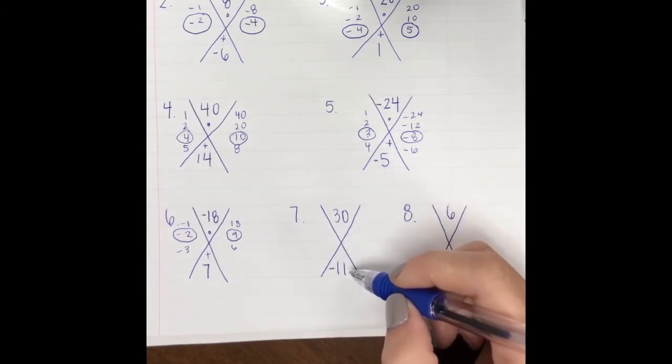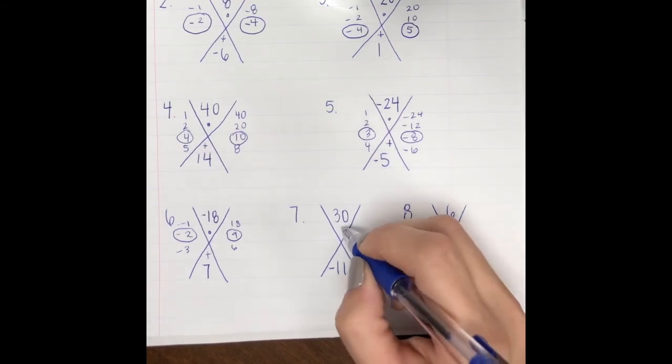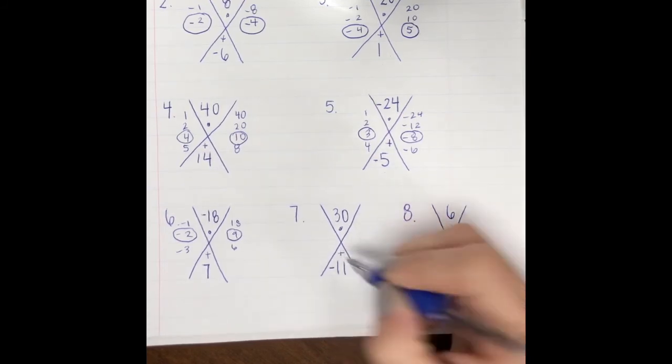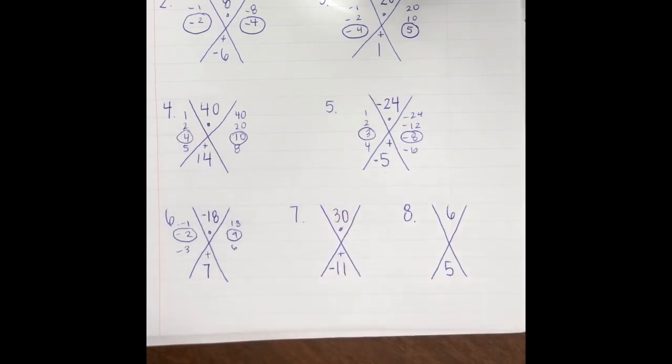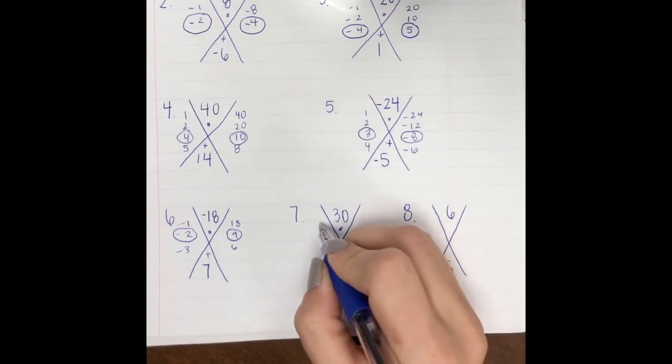30 and negative 11. So they need to multiply to be 30 and add up to give you negative 11. Since they have to multiply to be a positive number, but then add to be a negative, that means both of them will be negative.